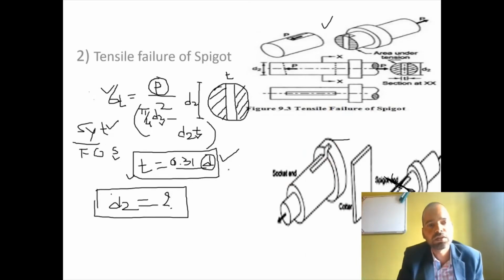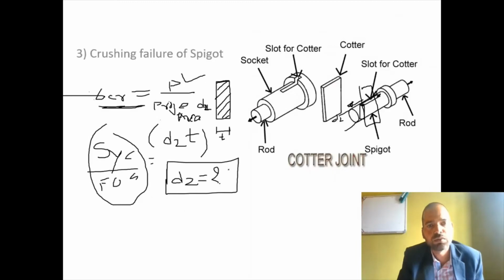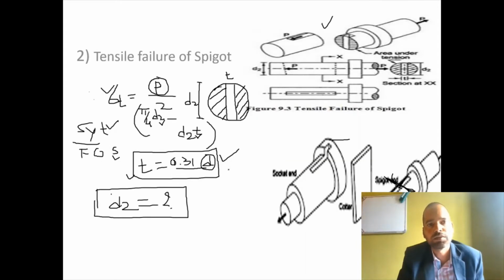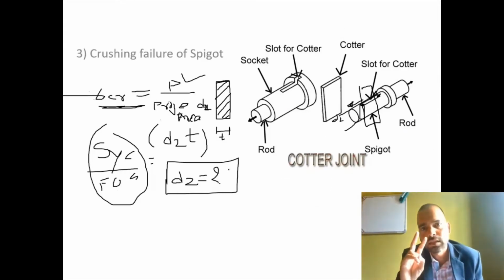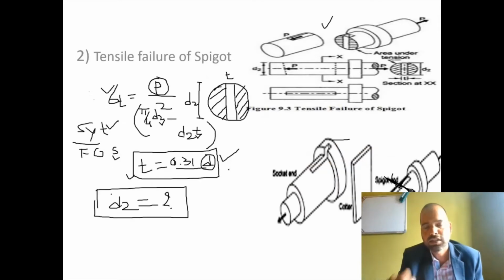In the earlier equation also we will get dimension D2. In this equation also we will get dimension D2. So why is there a need to have two equations? Because there are two chances of failure of this cotter joint at the place of the slot. One is crushing failure and one is tensile failure. Both have equal chances of failure.